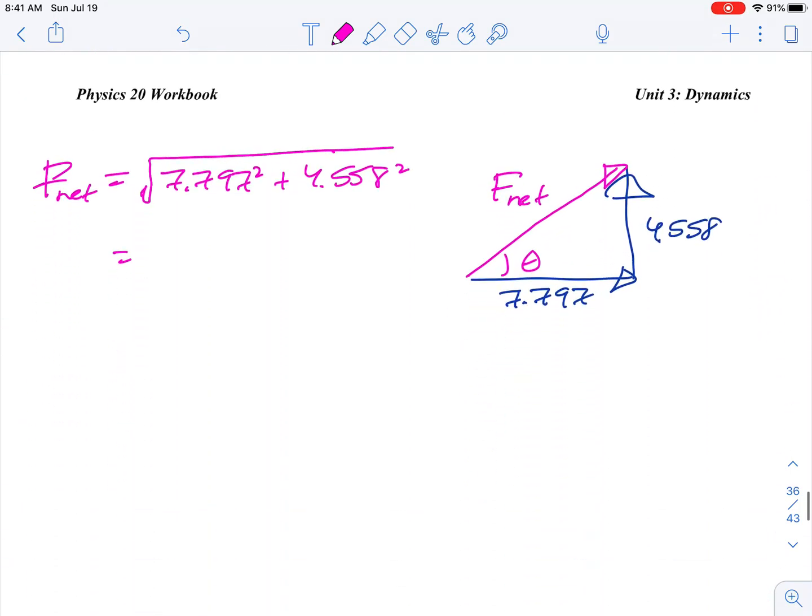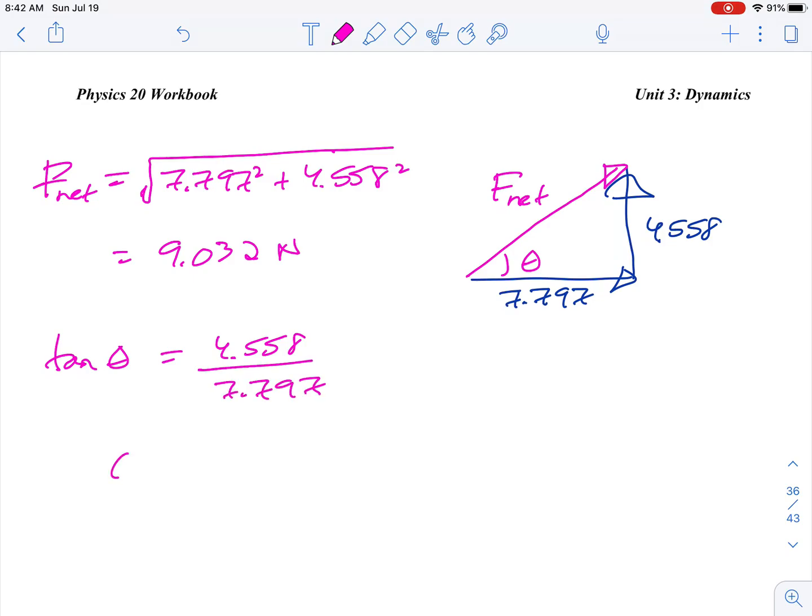So 9.032 newtons. And then we can do tan theta is opposite over adjacent. So about 30.3 degrees north of east.